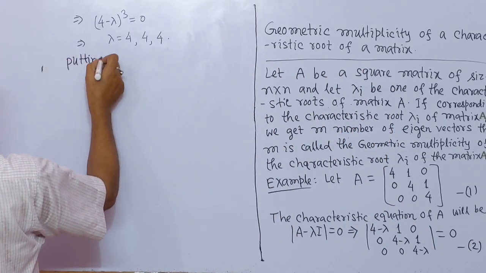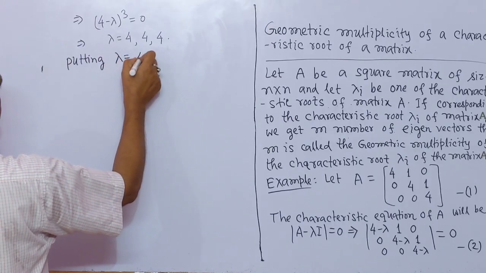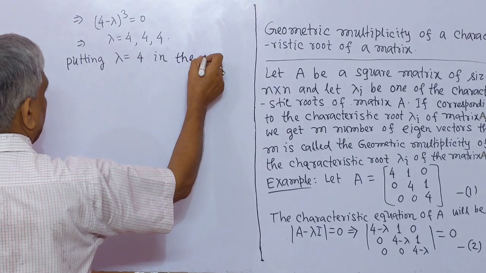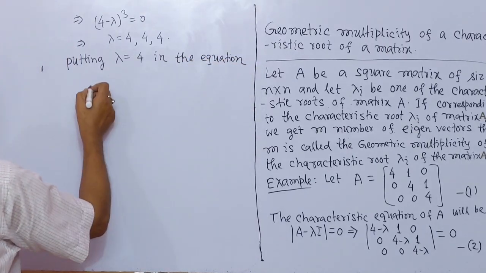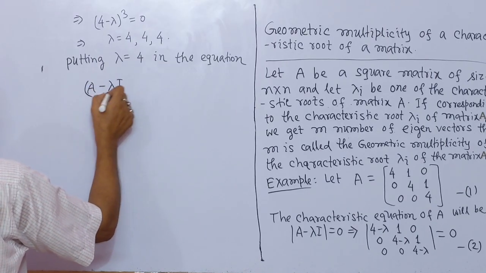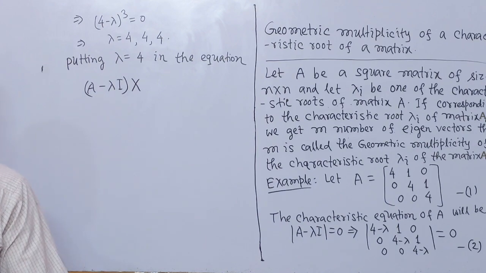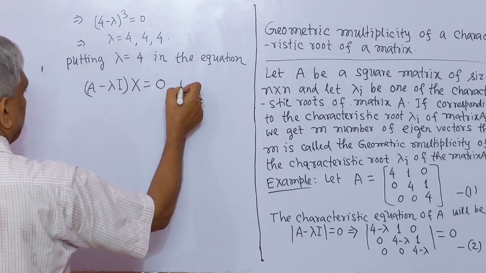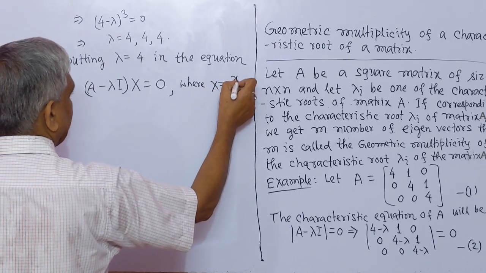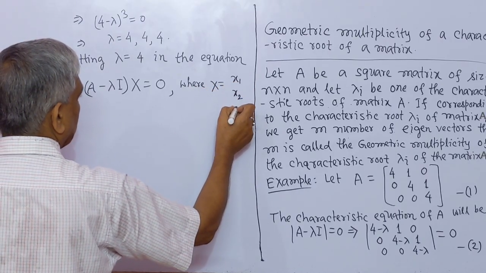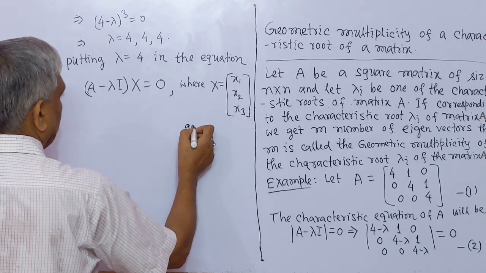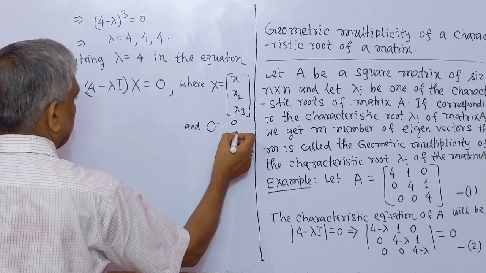Putting lambda equals 4 in the equation (A minus lambda I) x equals the zero matrix, where x is the column matrix x1, x2, x3 and the zero matrix is the column matrix 0, 0, 0.